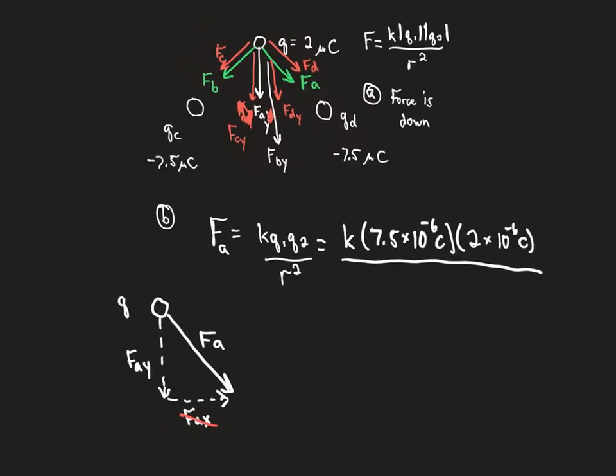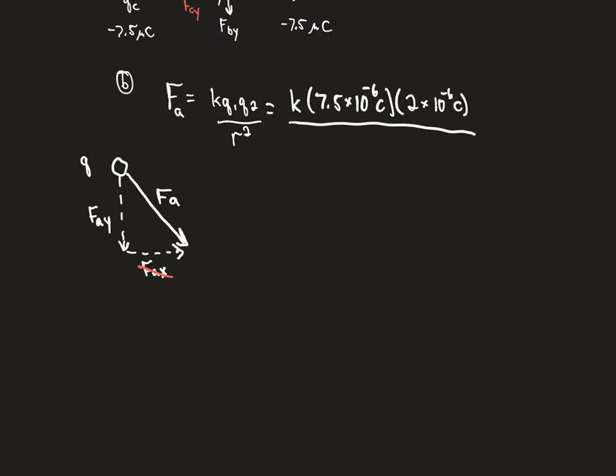Let's draw this picture again. Here's my QA. Here's my B, C, D. Here's my charge. I know that whole distance is 10. I want this distance.